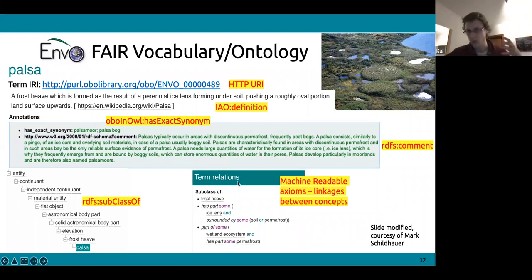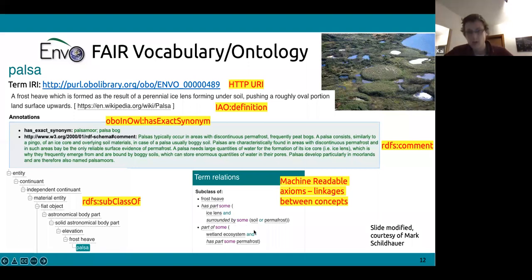It also has machine readable axioms, which are linkages between concepts. For example, for pulsa, we've encoded some of these relationships, such as has part some ice lens and is surrounded by some soil or permafrost. Or maybe a simpler one, part of some wetland ecosystem and has part some permafrost.